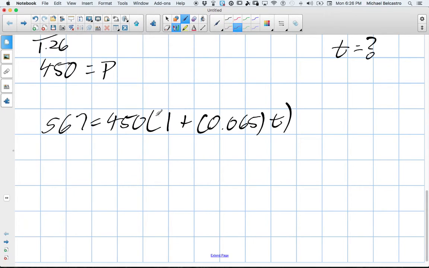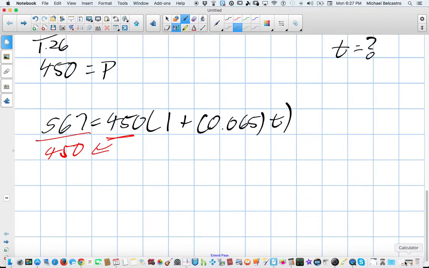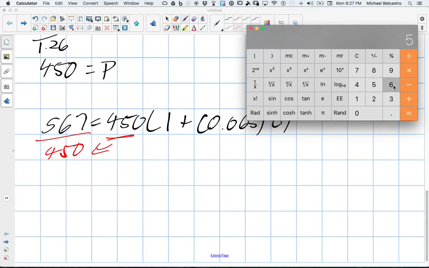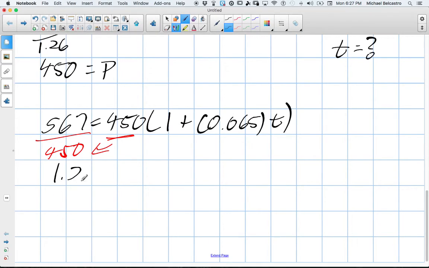The first thing you want to do is move this 450 over. In order to do that, you divide both sides by 450. So when we do that, we get 567 divided by 450, which is 1.26. That is equal to 1 plus 0.065 t.